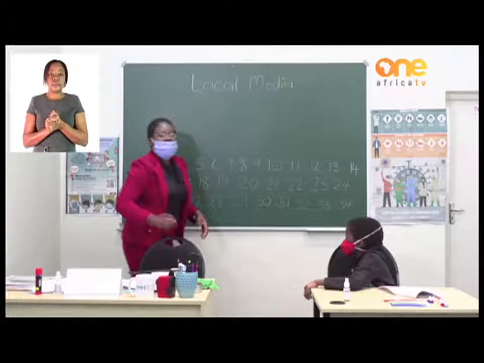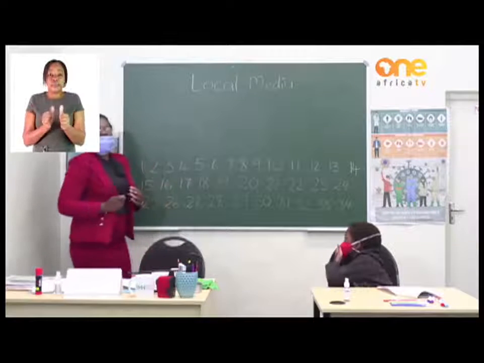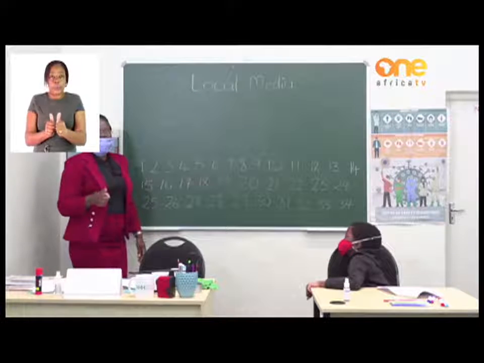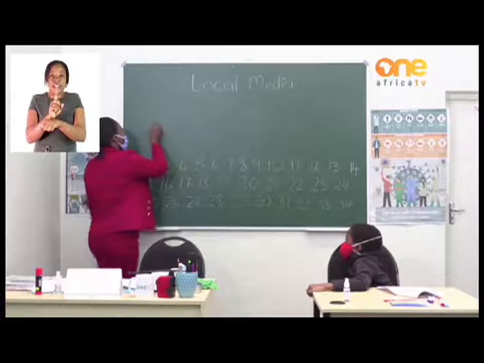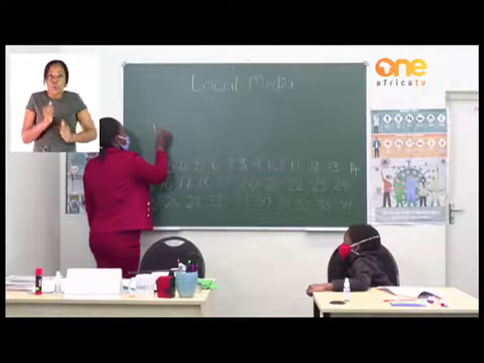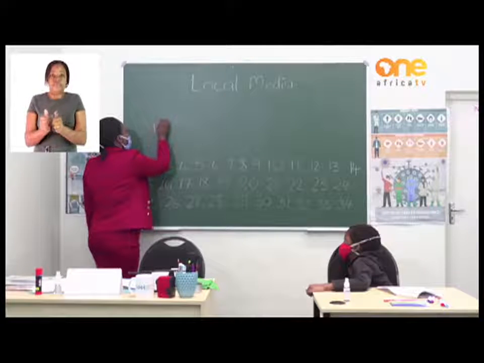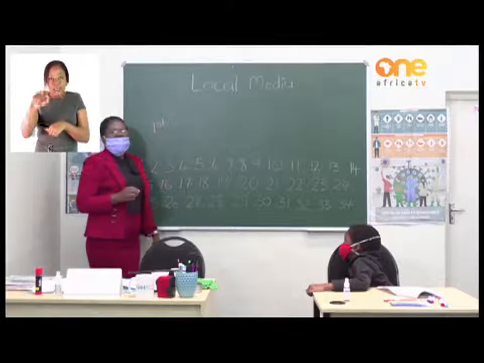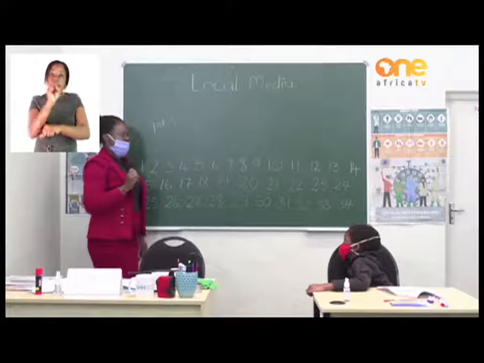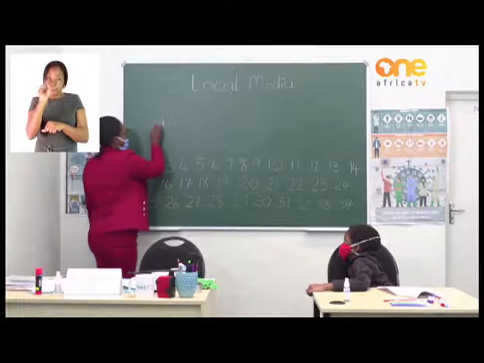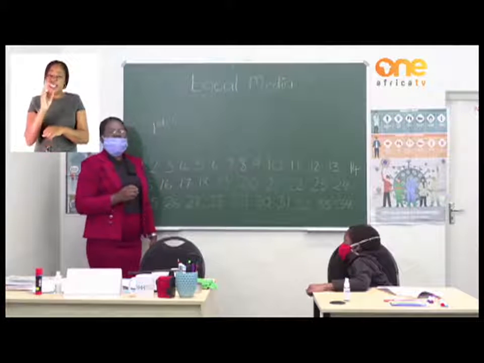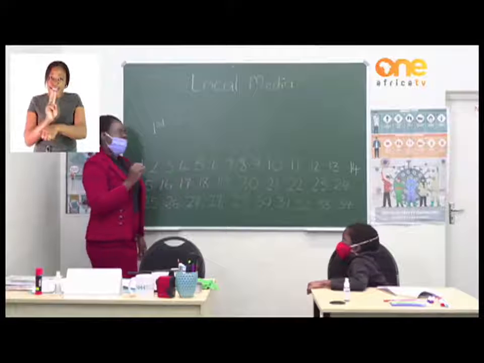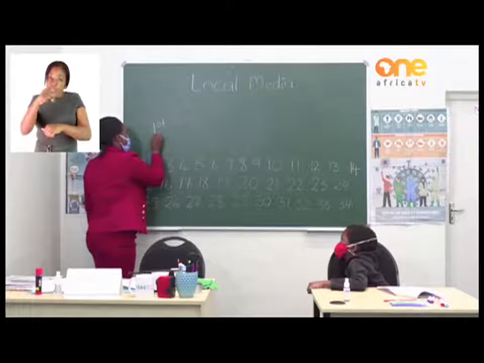For example, if we were racing, if I come number 1, then I am the first. How do you write first? I'll write a 1 and an ST just there. I don't write the whole word first. So that is 1. Are we together? If I came number 2, it means I came second. So second is the position that I'm holding.